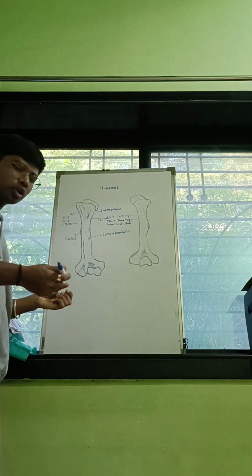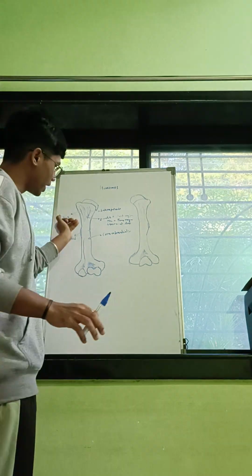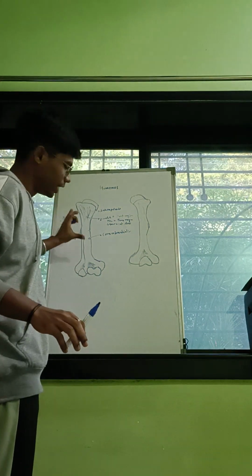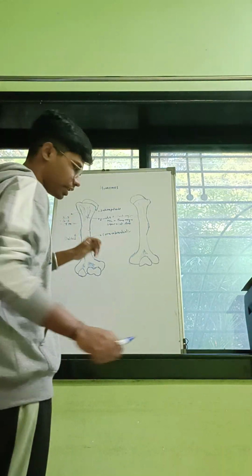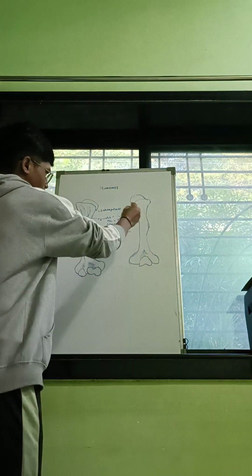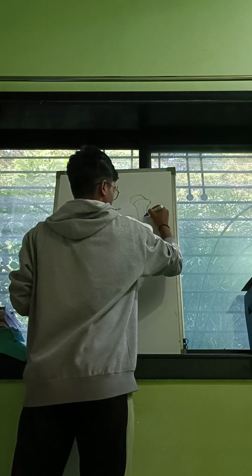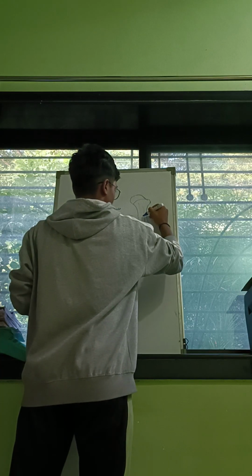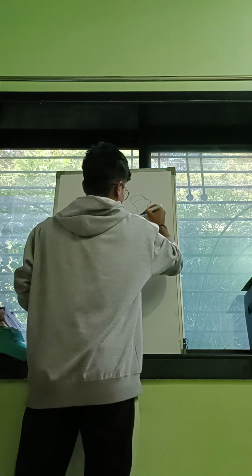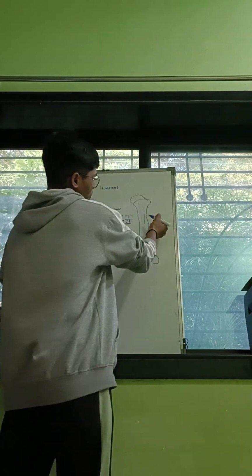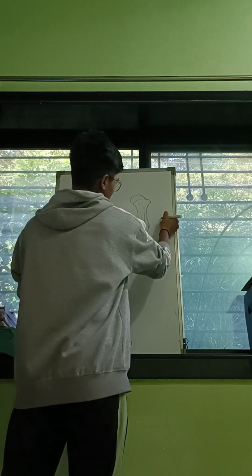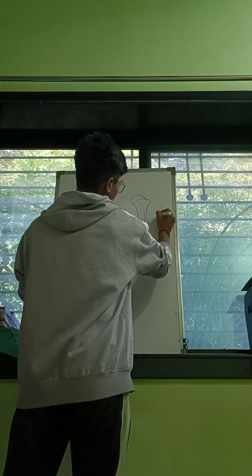If you're talking about attachment, only one attachment is there on its middle or shaft section, that is triceps. You can clearly see this is the radial groove, this is the oblique ridge. This is the posterior surface.